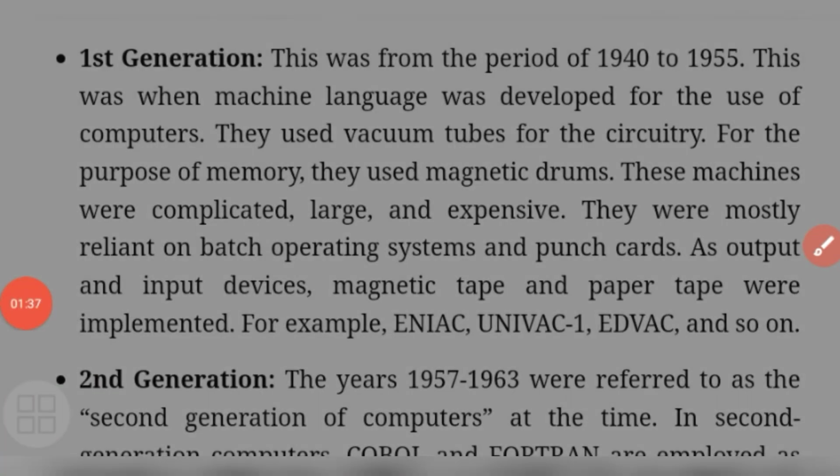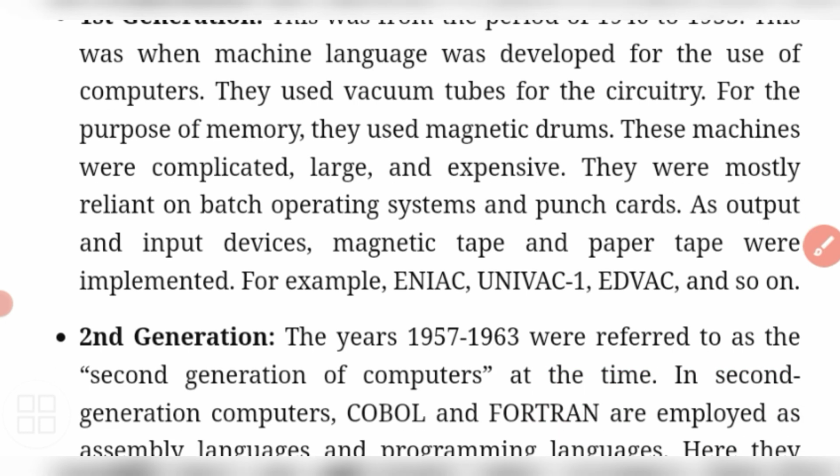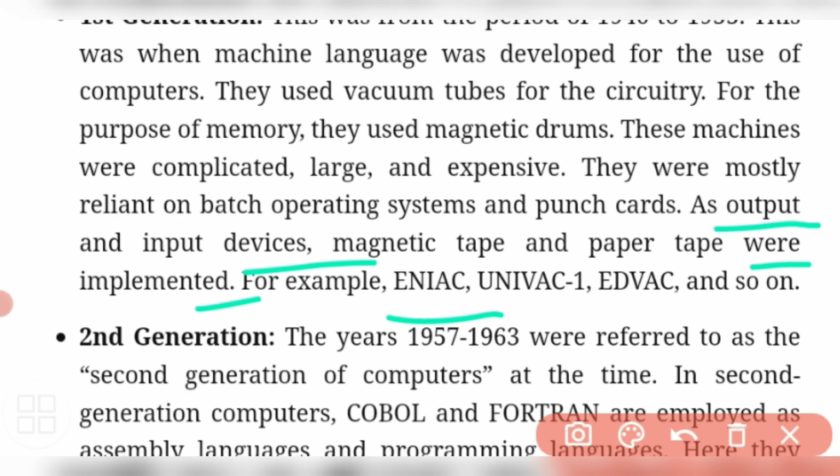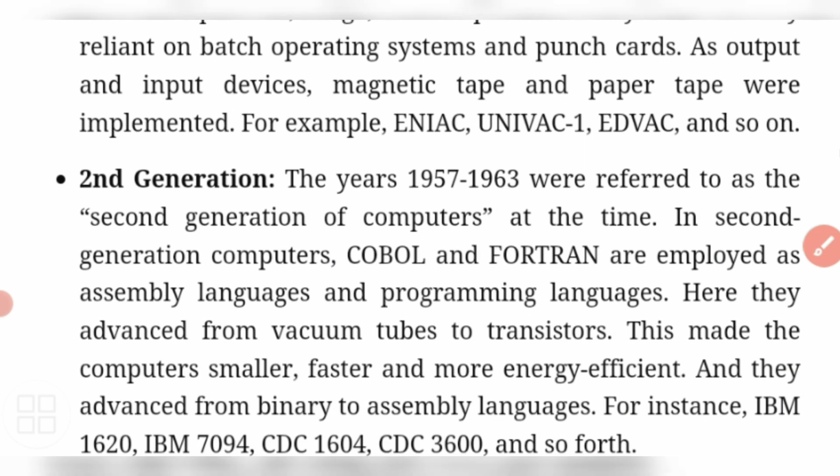When the first computer was developed, it was equal to the size of a big room, and it was very complicated, with big wires and big machines, but now you can carry a computer in your bag. As input and output devices, magnetic tapes and paper tapes were implemented. For example, ENIAC is an example of the machines used in that generation.